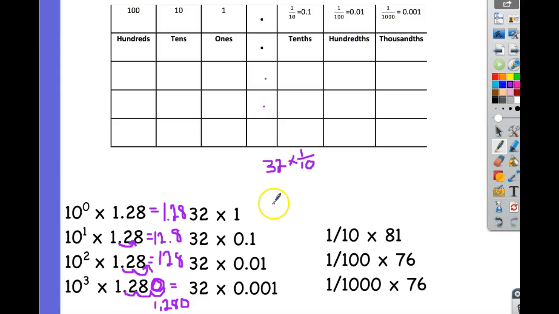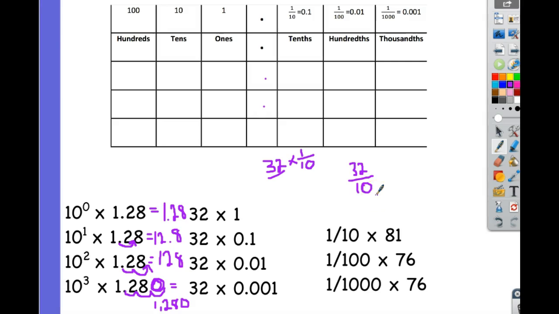When we're multiplying fractions, basically you're multiplying the numerator times the numerator and the denominator times the denominator, okay? So the numerator is the top number here. Well, we don't really have a denominator, so we're just counting this as our numerator right here, 32. 32 times 1 is 32. And then we're going to put 10 as the denominator, or the number on the bottom. And I have 32/10, okay?